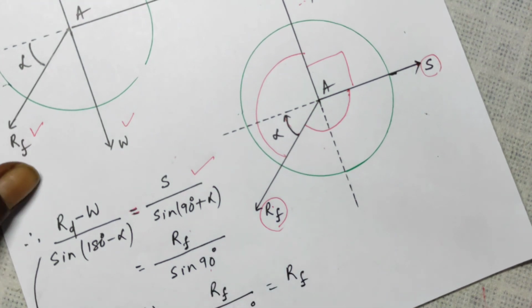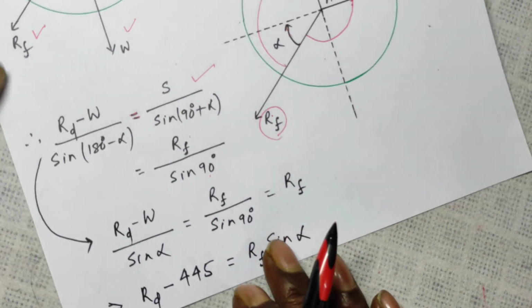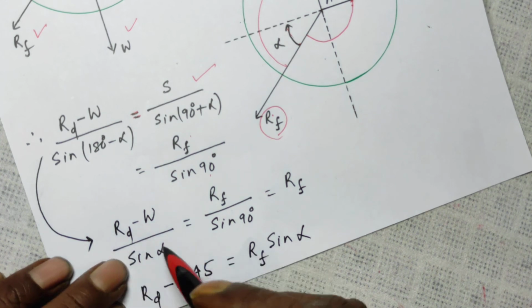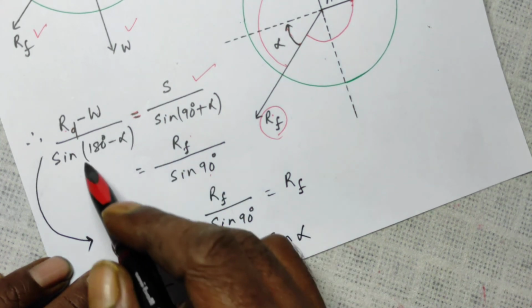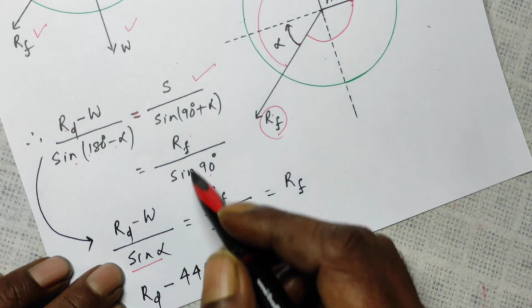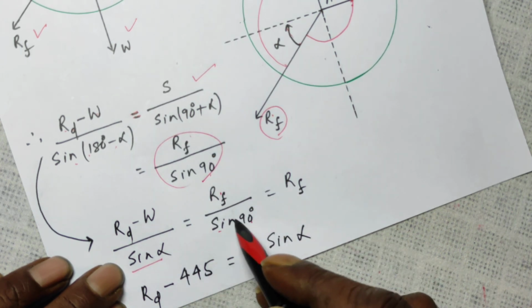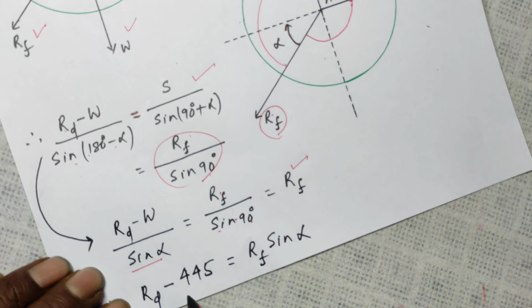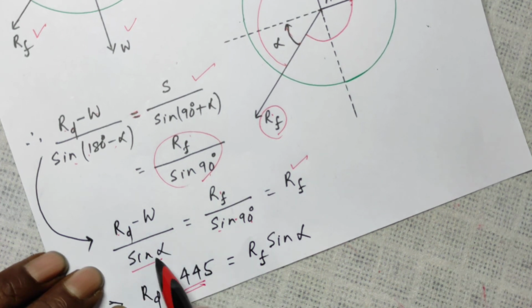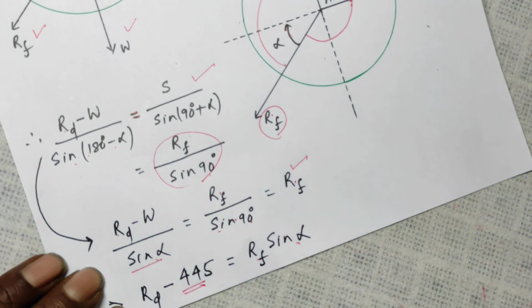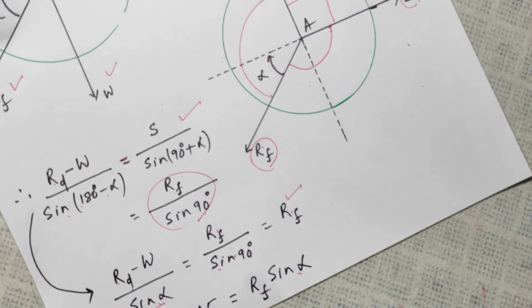RF over sine 90, and sine 90 is equal to 1. So if you simplify this, RD minus W over sine 180 minus alpha is sine alpha. If you take it with this, RF over sine 90 is 1, that is RF. So your RD minus W is given by RF sine alpha. Now alpha has been found out.